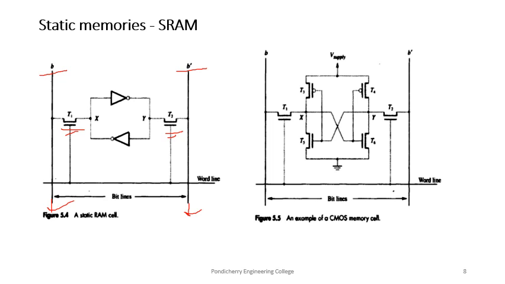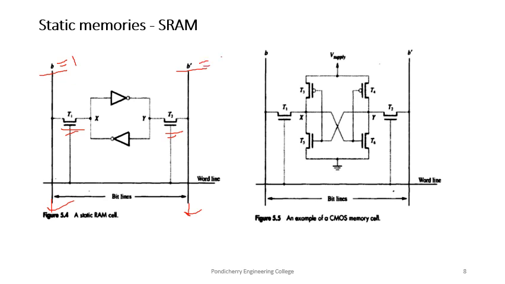So this is the basic cell. When you want to write a 1, the bit line B should be made 1, and B bar will be set to 0.